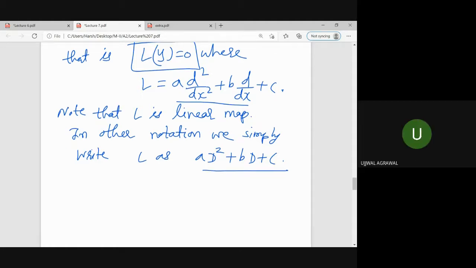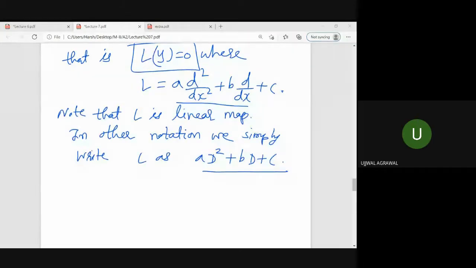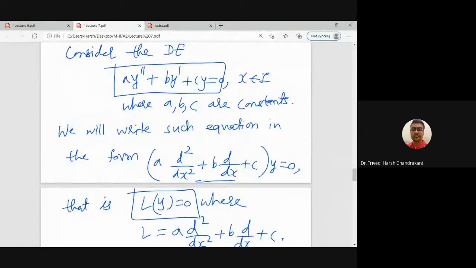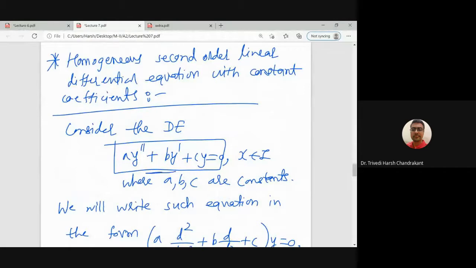Sir, what did you write? L is linear. Yeah, so that thing I mentioned: if y1 and y2 are solutions of this equation, that means Ly1 is 0 and Ly2 is 0, right? We have observed earlier that if y1 and y2 are solutions of this homogeneous equation, then y1 plus y2 is also a solution of the homogeneous equation, right?